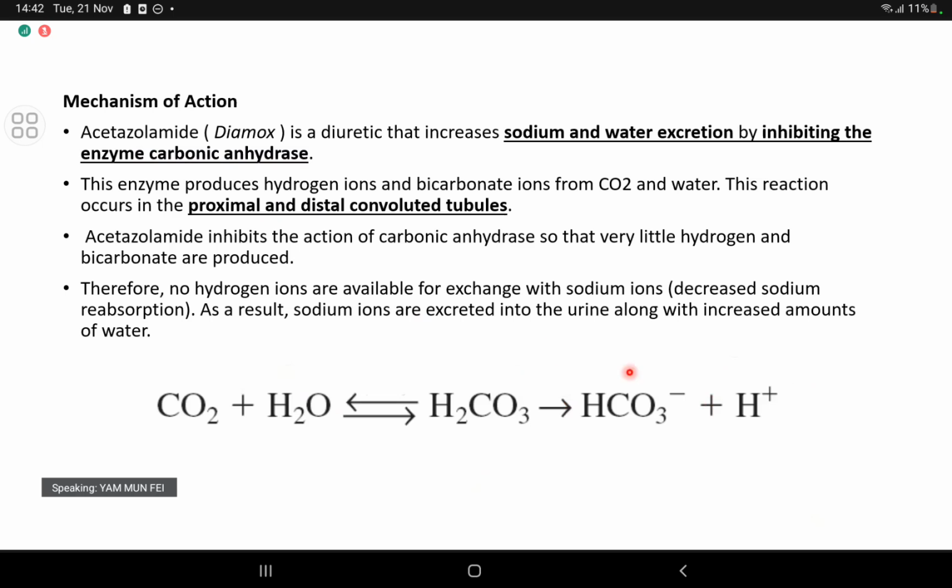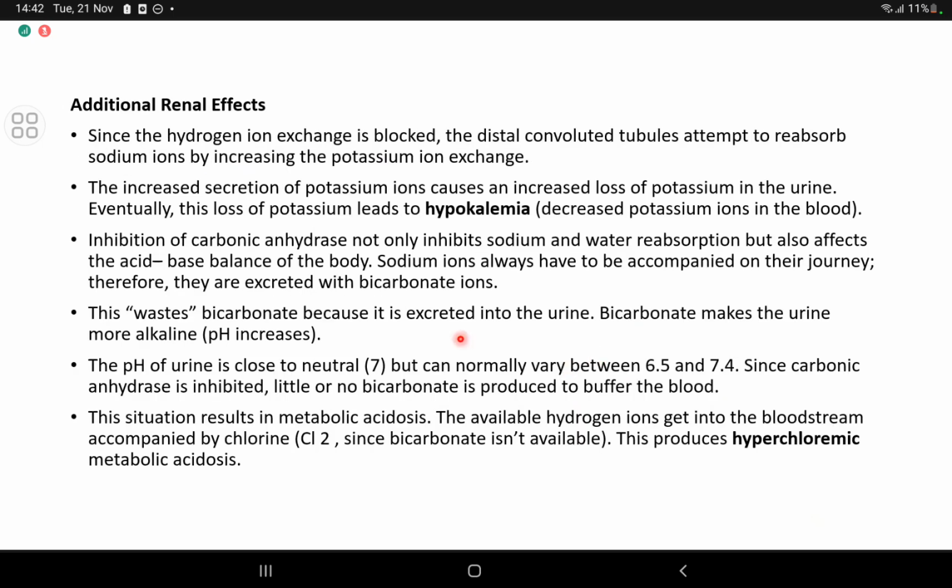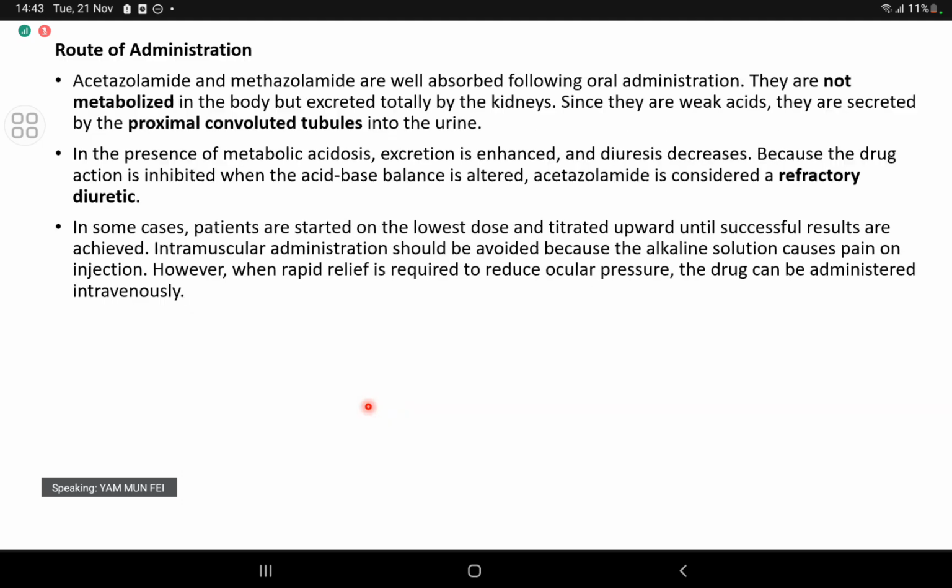Once you inhibit it, you do not encourage the production of bicarbonate. Without a sufficient amount of bicarbonate, which normally acts as a buffer, your pH will change and may affect your body. It may cause metabolic acidosis. Clear?